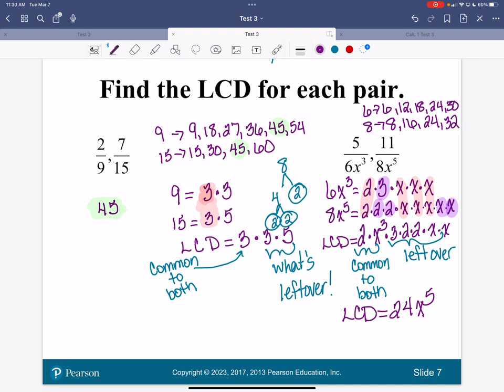Okay, so here is my least common multiple. Do you see how I got the same thing right here? So you can do the numbers either way. What you have to be careful of is your variables. Now I've got x to the 3rd and I've got x to the 5th. What's the highest exponent there? X to the what? The highest exponent. 5th, okay? And that's part of my LCD right there.